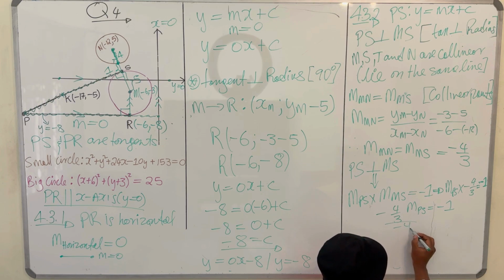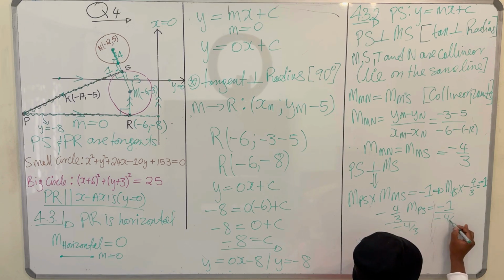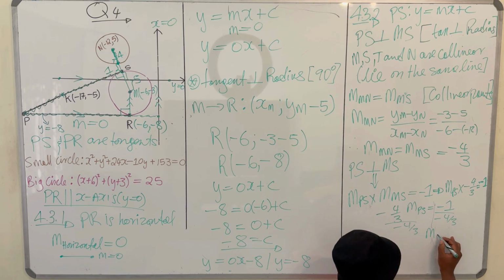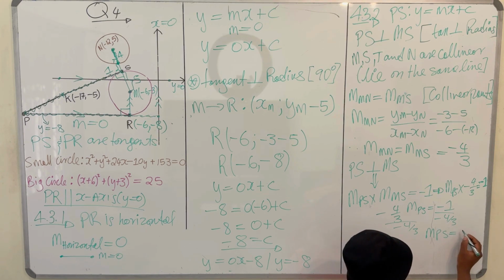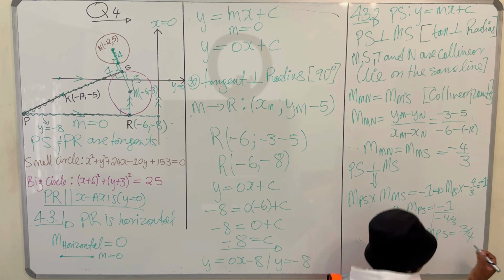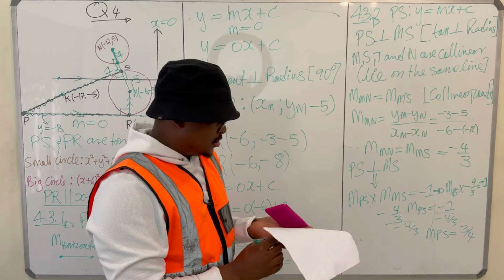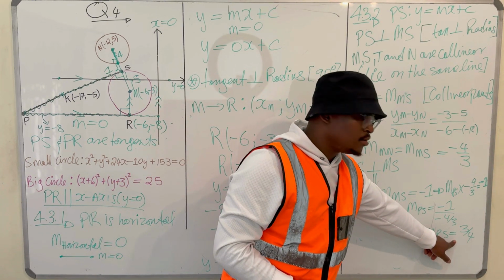Then divide by -4/3 on both sides. You get that the gradient of PS is equal to 3/4.